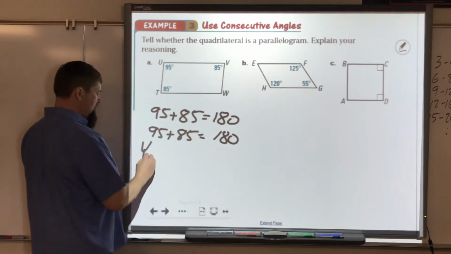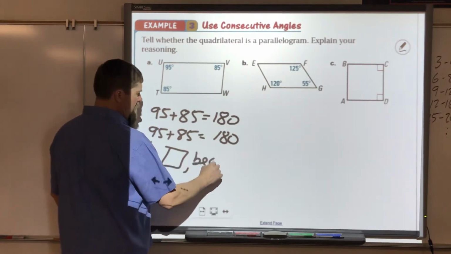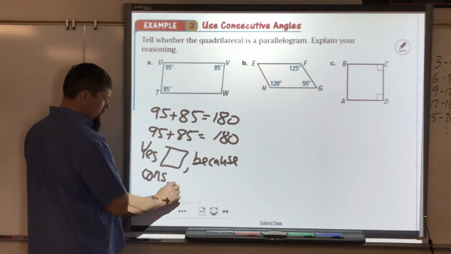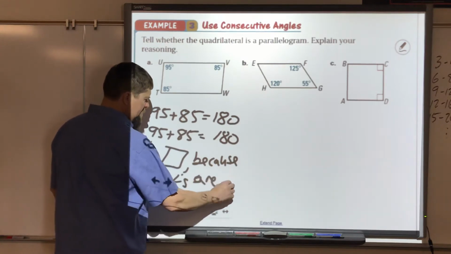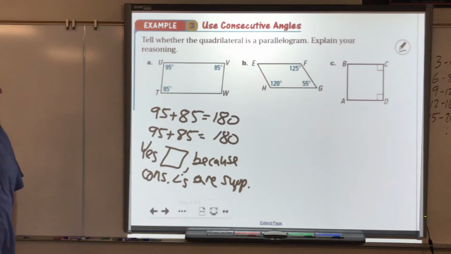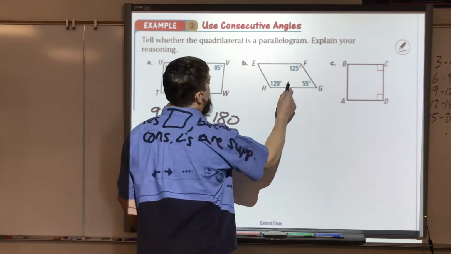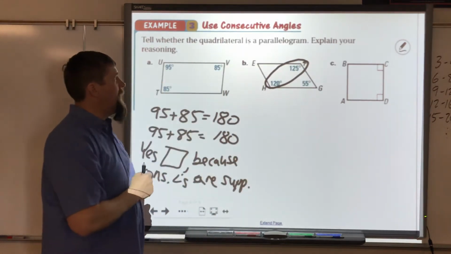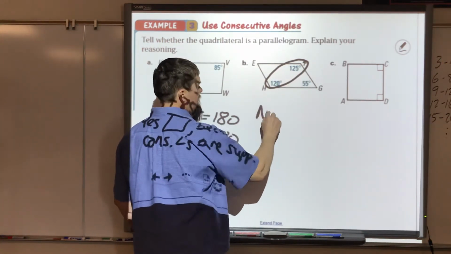So yes, it's a parallelogram because consecutive angles are supplementary. Yes, parallelogram because consecutive angles are supplementary. Okay, this one we can say right now is not a parallelogram because these are opposite angles not congruent.